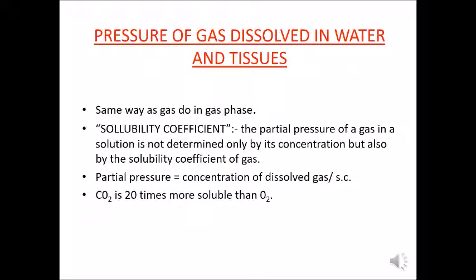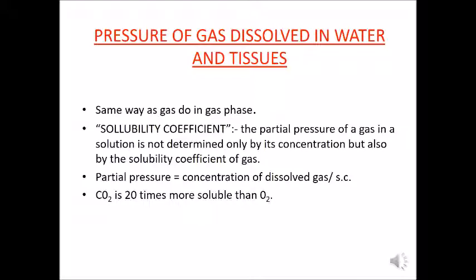Now we all know that in our body there are body fluids. So ultimately the environmental air is taking the gas into the alveoli, and now this gas is dissolving in body fluids. So how will this gas, after dissolving in the body fluids, exert the pressure? It is in the same way as it will do in the gas phase. So there is a term, solubility coefficient. So what is solubility coefficient?